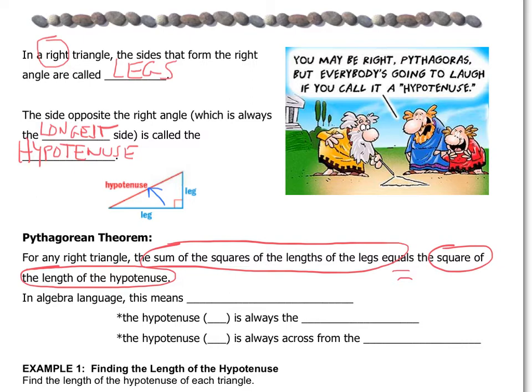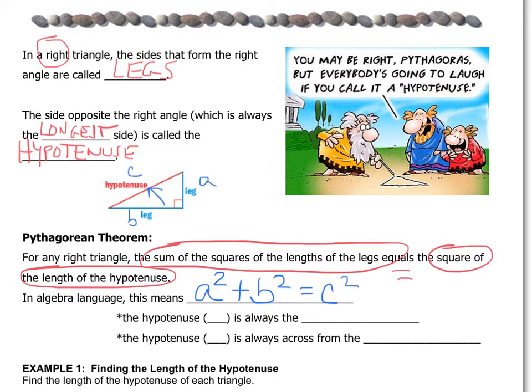In algebra terms, we call the legs A and B, and in reality it doesn't matter which one you call A and B, but just make sure that your legs are your A and B. But A squared plus B squared is going to equal C squared.